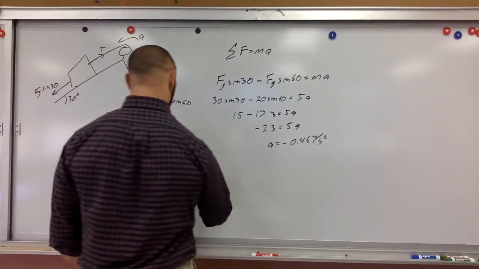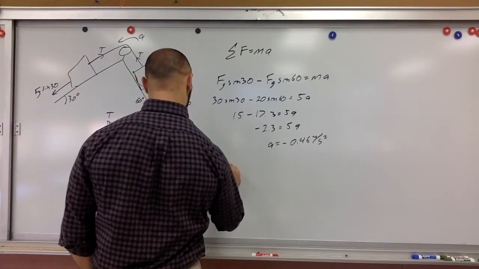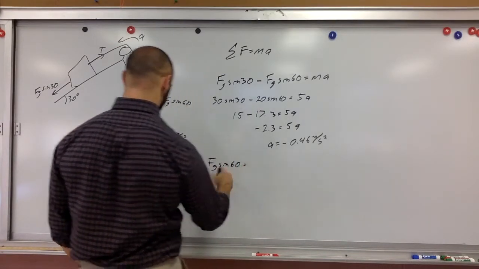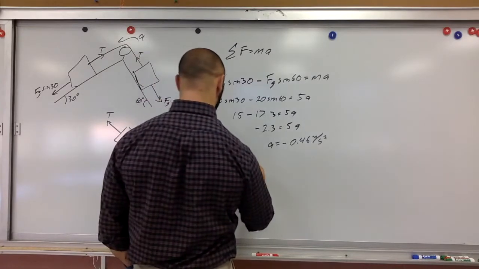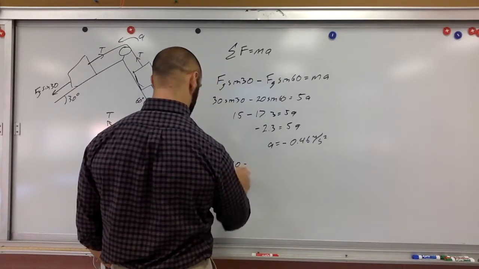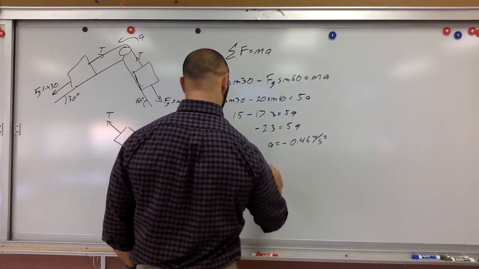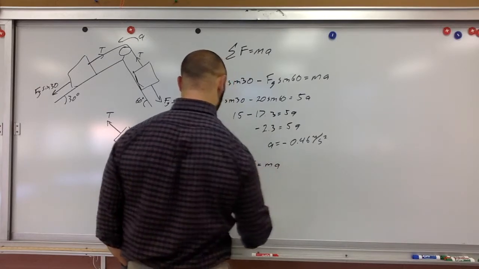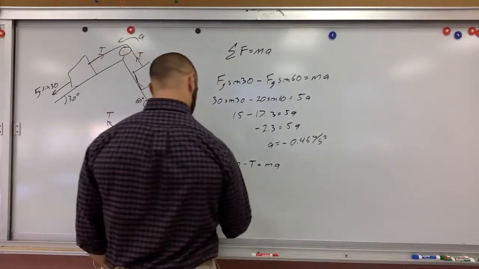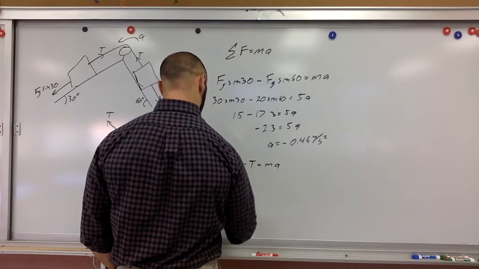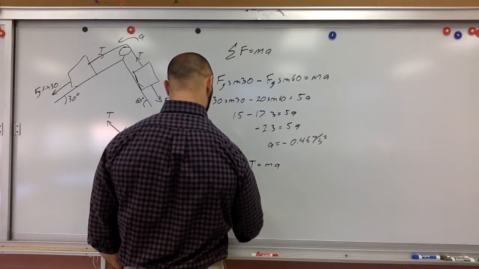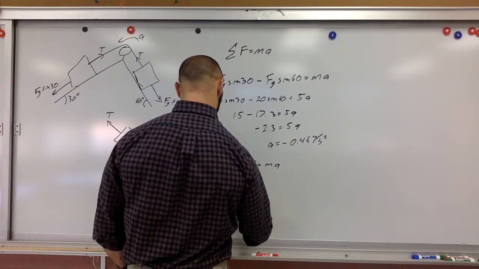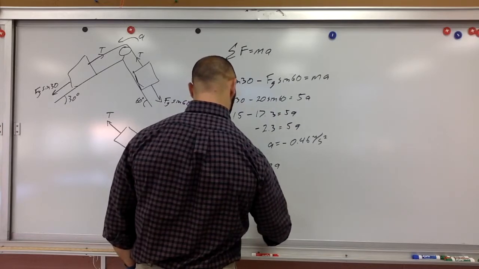And so Fg sine of 60, which I know is 17.3, minus the tension equals the mass times the acceleration. And so the tension is going to be Fg sine of 60 minus ma.